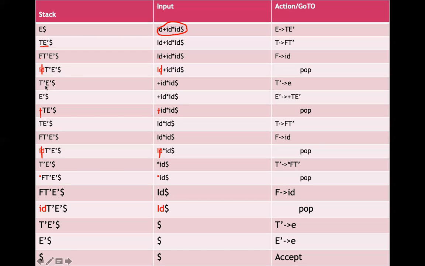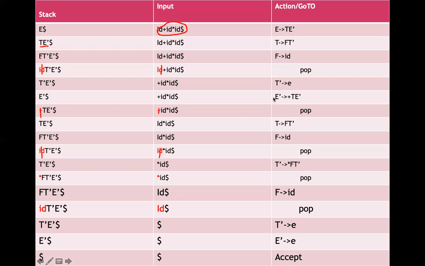Okay, what is the remaining symbol here? E dash and dollar, and the input is plus ID star ID dollar. So E dash with plus, the rule is E dash tends to plus TE dash. No need to check the table again and again; I have written it here.